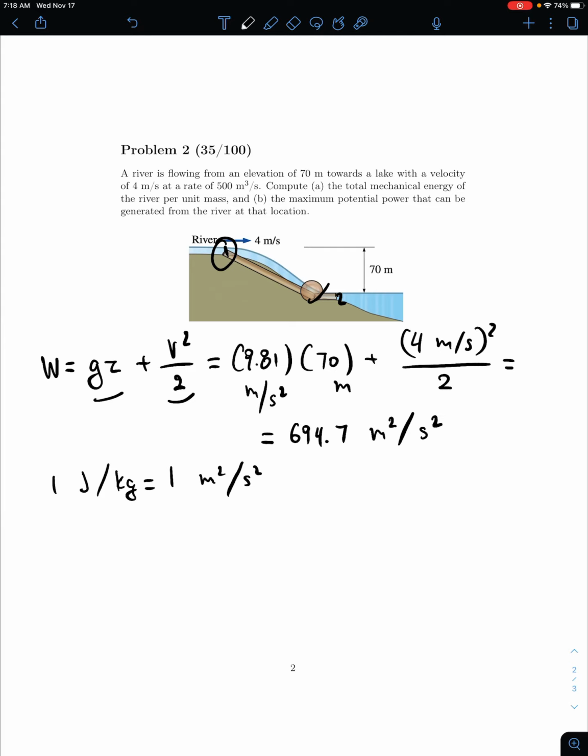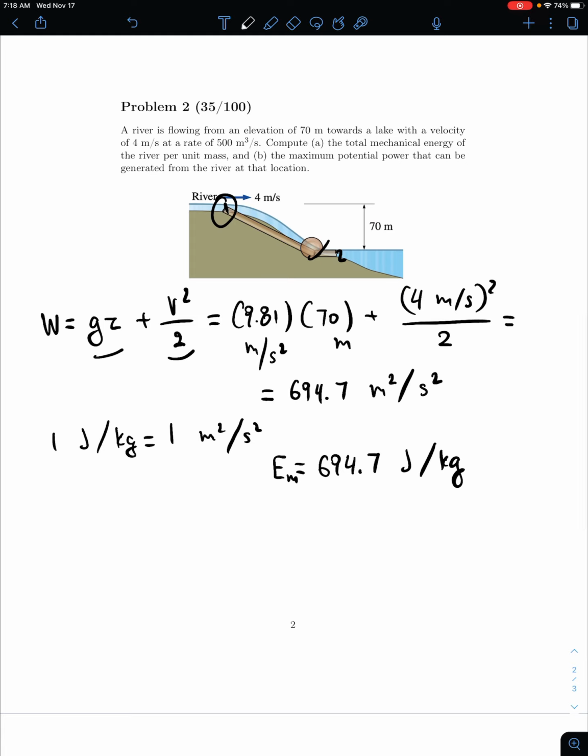So we've essentially answered the first question by saying that the mechanical energy is equal to 694.7 joules per kilogram.